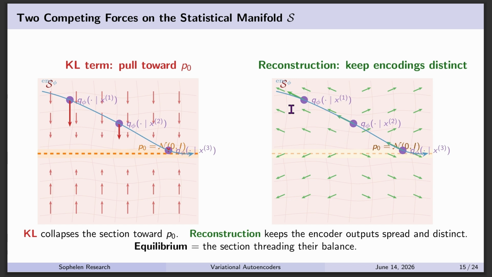But over here, we have the reconstruction vector field that wants to make the points as distinctive as possible. So there's one vector force that collapses toward p naught, and there is the reconstruction that wants to make the point as distinctive as possible so that we can reconstruct it easily.